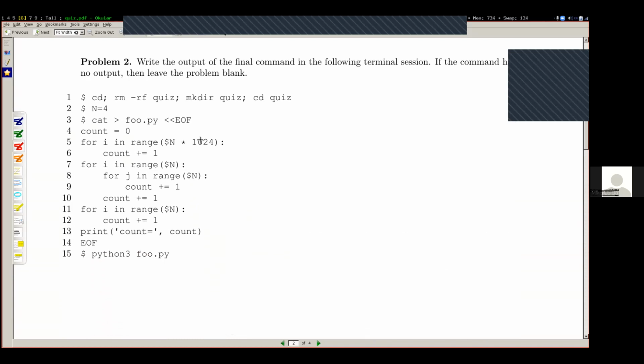Here the formula is getting a little bit more complicated. So on this first for loop right here, the number of times that it's going to go through is just n times 1024. This second for loop, I'll do it in a different color so that it's clear what I'm highlighting here.